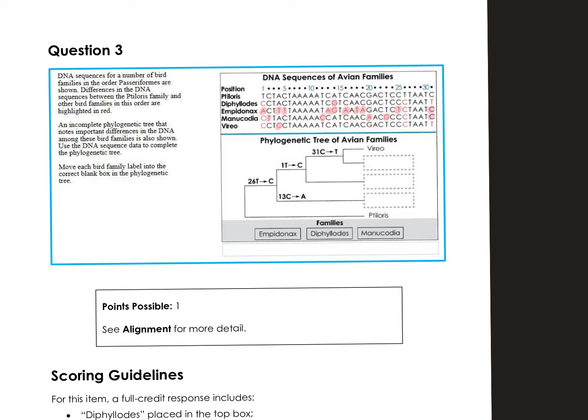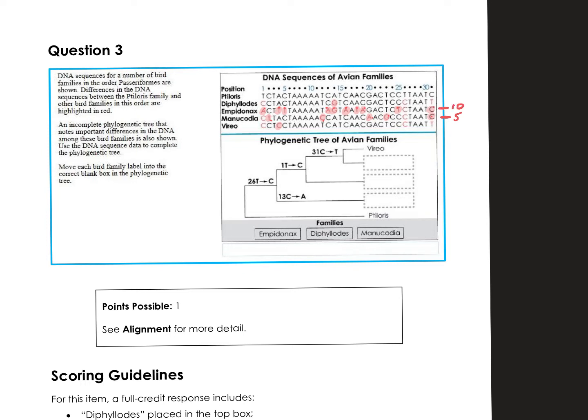So as compared to Vero, this one has 1, 2, 3, 4, 5 differences. 5 differences. And Pidonax has 1, 2, 3, 4, 5, 6, 7, 8, 9, 10 differences.